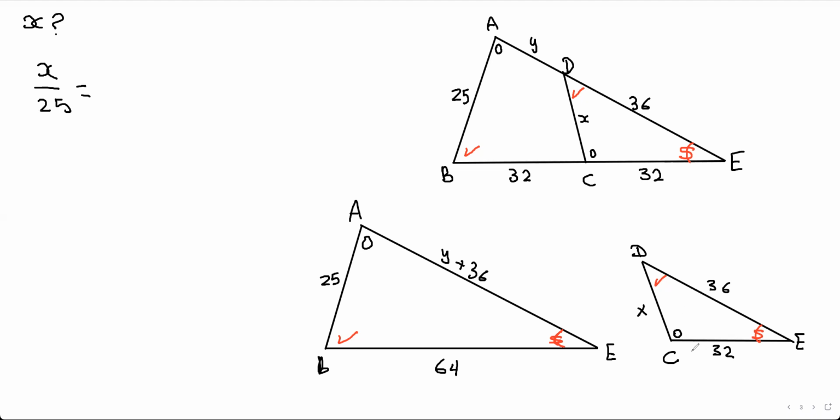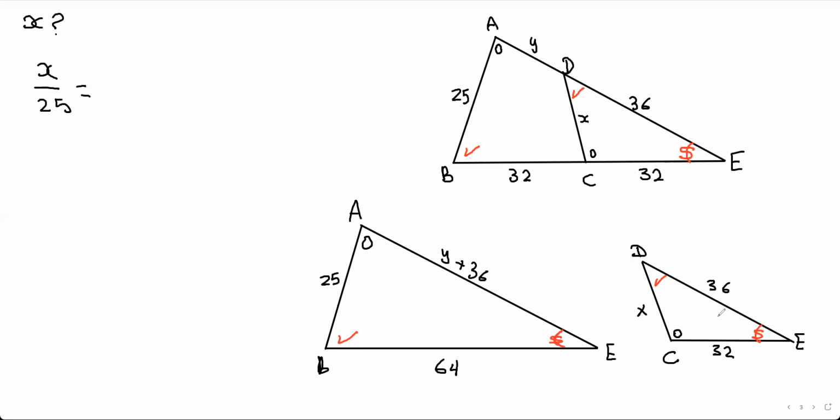So let's say I go from the shared angle to the little circle, which is 32. Then I have to do the same thing here. I will go from the shared angle to the 36 right here. Then this side here will be y plus 36. So you'll see that we'll have two unknowns, and then it's a problem. So you definitely don't want to use this side and this side. So we're going to go from the check to the shared angle, which is the 36.